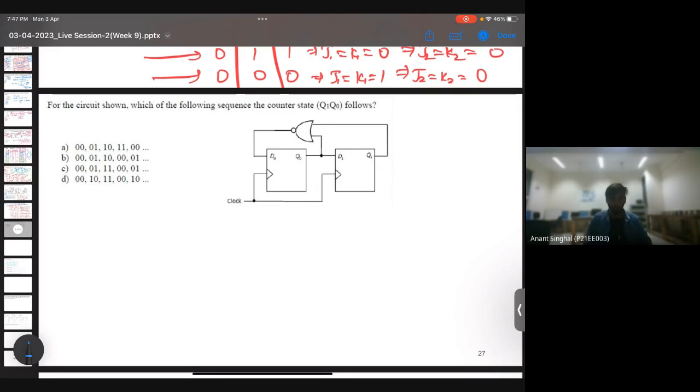So yeah, any answer for this problem, or I'll solve it?